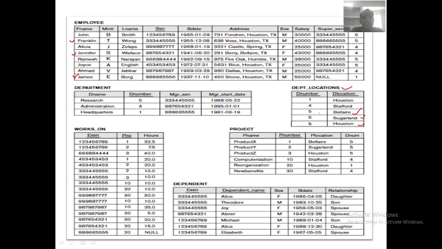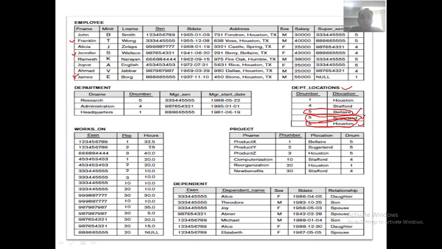But if you take these two only, it is a different value. Is it clear? If you take Sugarland and department number 5, it is a different value, unique. Department number 5 and Houston, again different. If you take only department number, 5 is here, 5 is here, 5 is here, so it will not become a primary key, because a primary key should be unique.